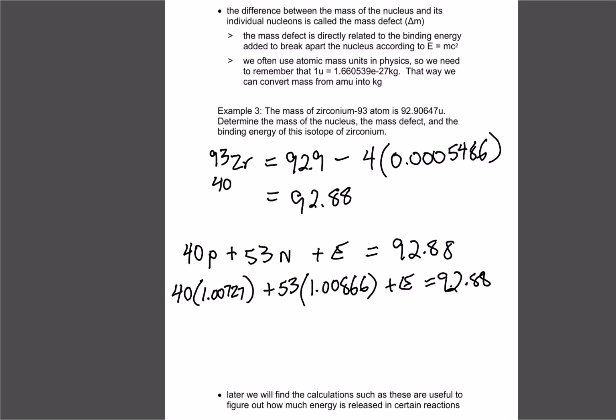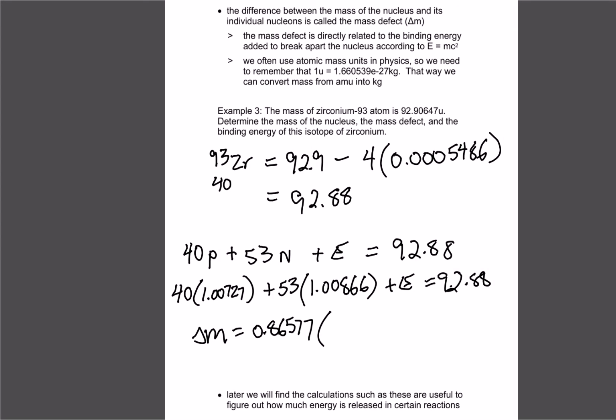So we do this math, we calculate this out, and solve it for energy, or solve it for mass, sorry. So the mass that ends up being left over, if we go 40 times 1.007 plus 53 times 1.008, and subtract it from 92.88, we get an answer of 0.86577 atomic mass units.